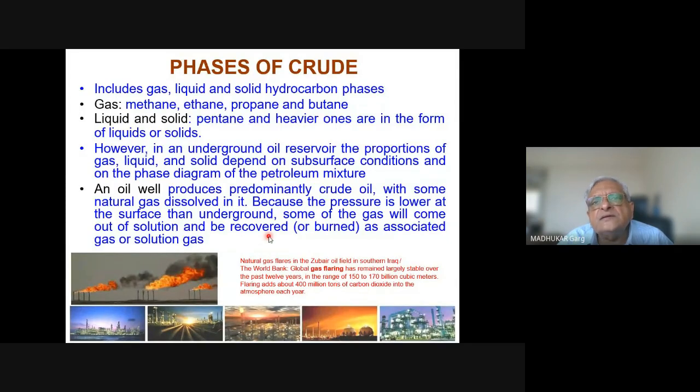If you remember, last time I mentioned that when the crude oil comes out from the ground, you have to put it into what is called a three-phase separator, where you separate out oil, water, which is the bottom layer, and above that the oil and then the gas.